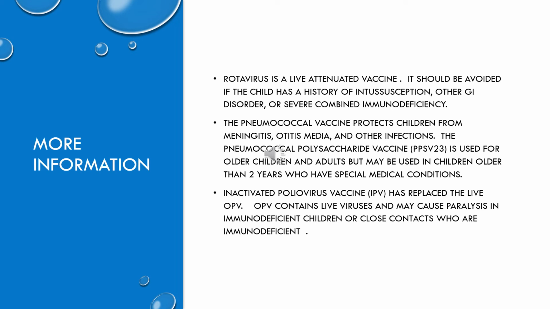They would actually get sick, as would close contacts of those who are immunodeficient. So that's a nice thing. We have changed the way we deliver it from a live virus to the inactivated virus, making it safer for people to take it.